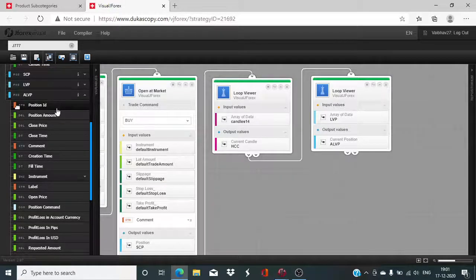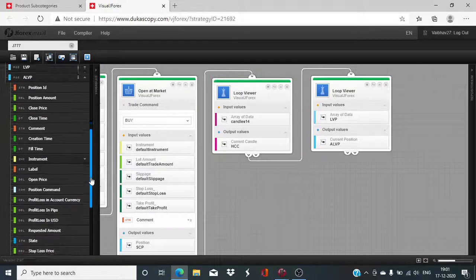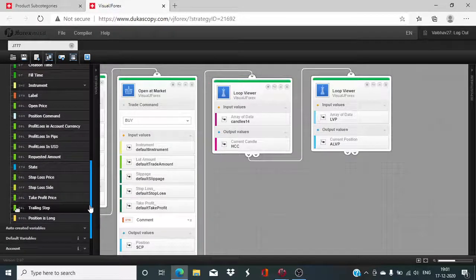So all these individual data points for that position we can utilize to further our objective of making more profit.